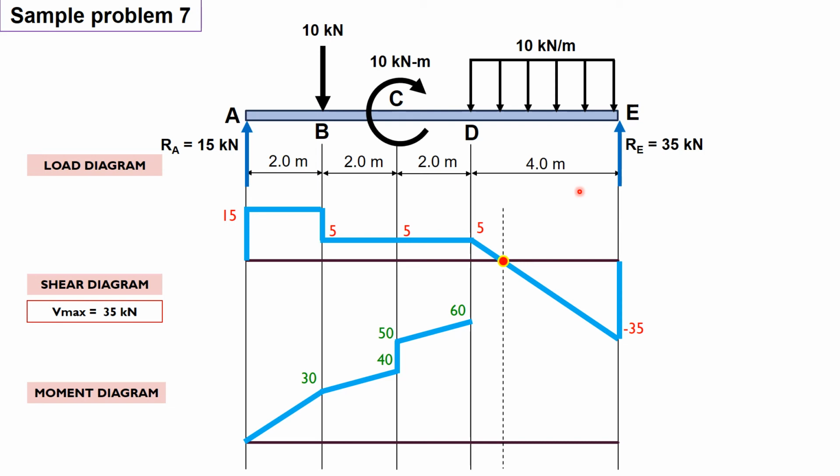Okay, this point of 0 shear, locate natin using segment DE. So we will just use this using ratio and proportion, kasi dito may na-obtain tayo na triangles. Ito, para malocate natin itong distance x, and of course, to compute also for the maximum value of moment.